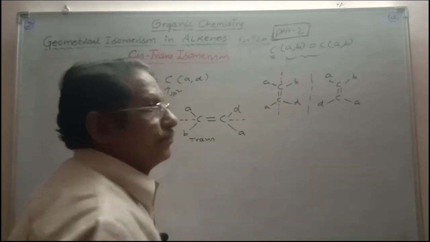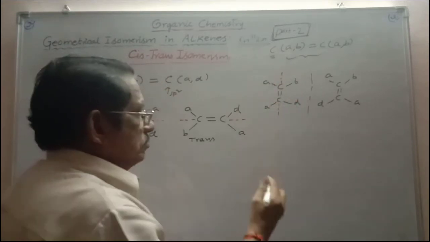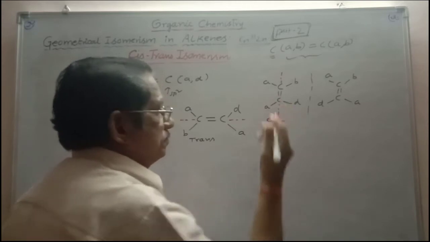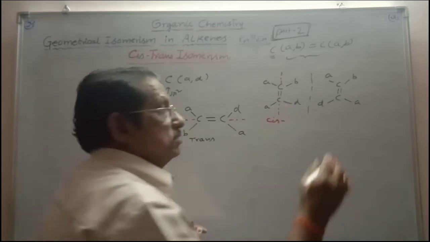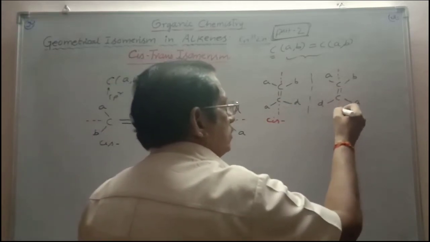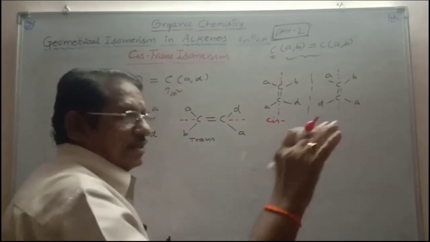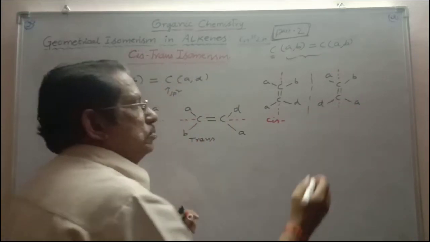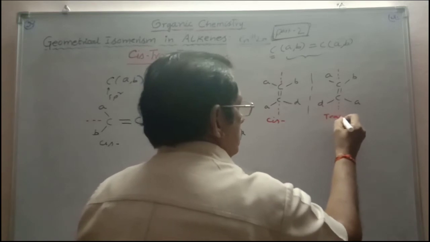Similar groups are lying to the same side, so this is cis isomer. And to this C double bond C plane once again, similar groups are lying on either side. So this is trans isomer.